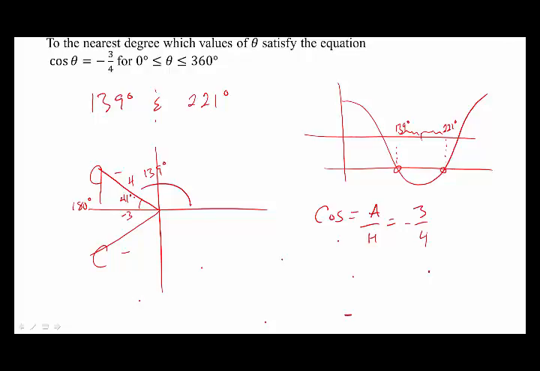Stick it in your calculator. You got your calculator with you? No, she can't even do it. Anyways, go ahead, plug it in, because we're looking at cos of theta is equal to negative 3 over 4. So theta is equal to cos to the negative 1 of 3 over 4.